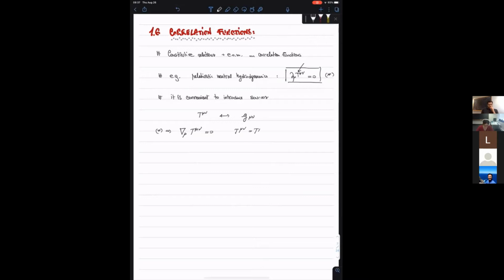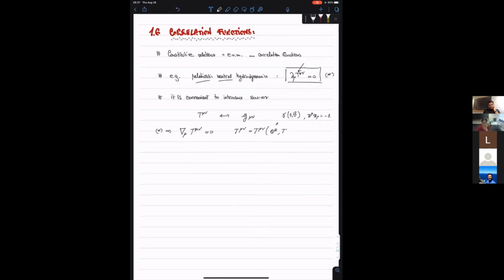And as I said, the constitutive relation is about telling you how the stress tensor is related to the hydrodynamic variables, which in this neutral relativistic case will be just the temperature and the velocity field, which is now a 4-velocity. So this is gamma, V, and u^mu u_mu is equal to -1.